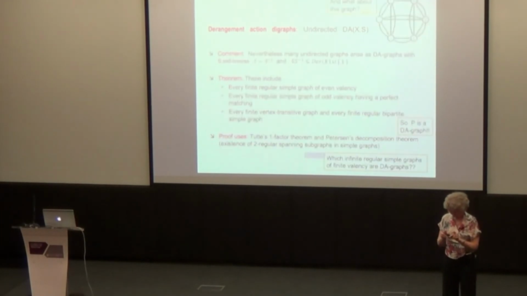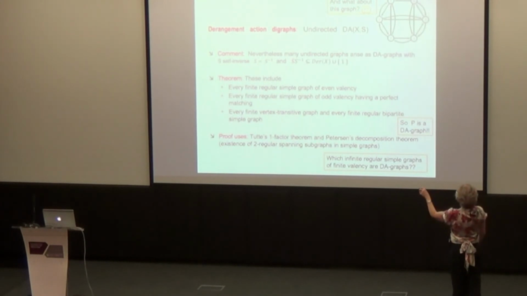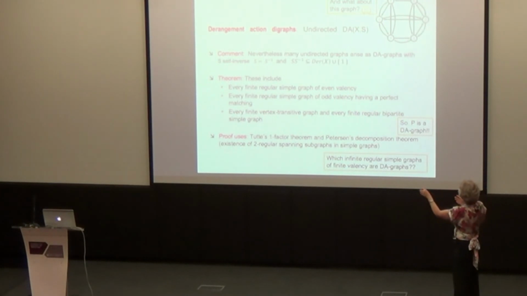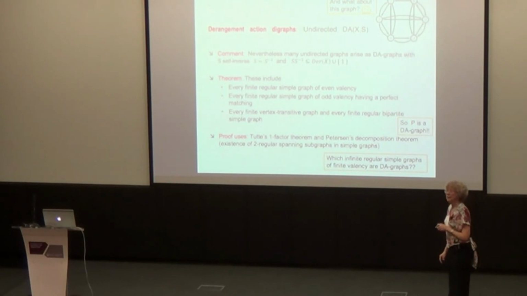But there are many, many undirected graphs that can be written as a DA graph with S being self-inverse and this other property holding. And here is our second theorem.